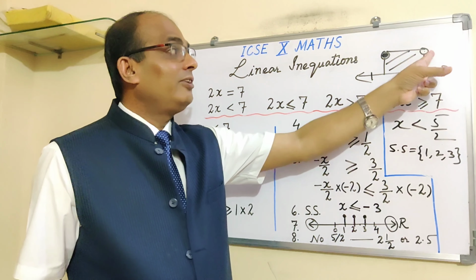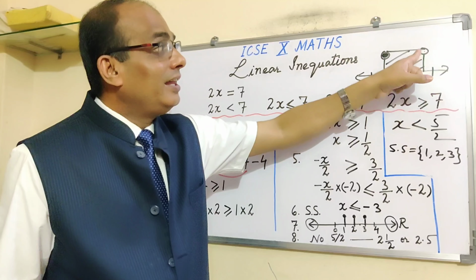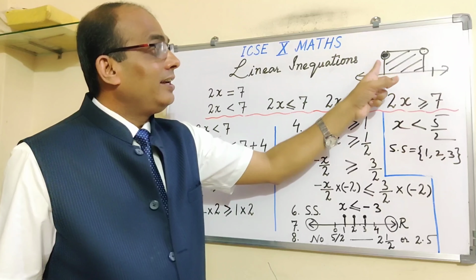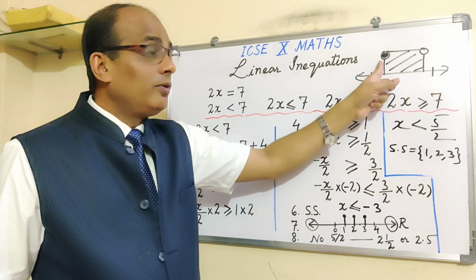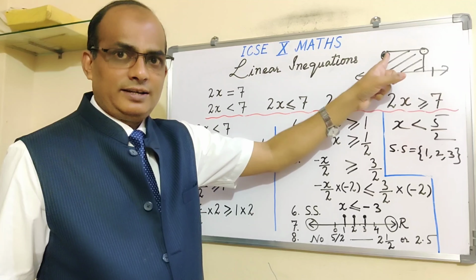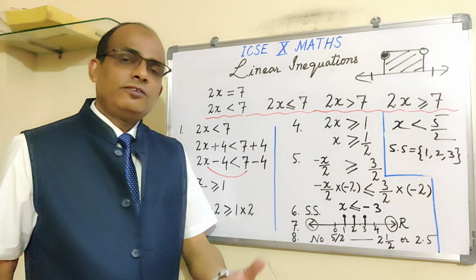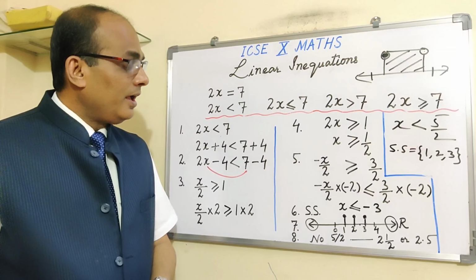You have to see this side if it is less than or equal to, or only less than. If it is only less than, then keep this blank. On this side, if it is greater than or equal to, then you have to shade and darken this. All those things I'll explain in my next video when I solve the question on this.